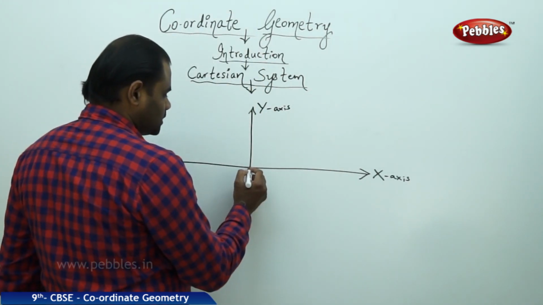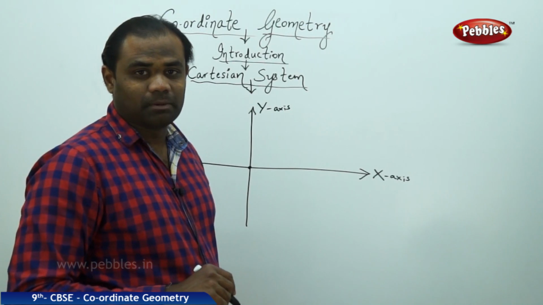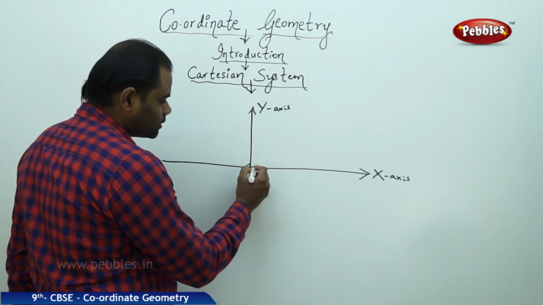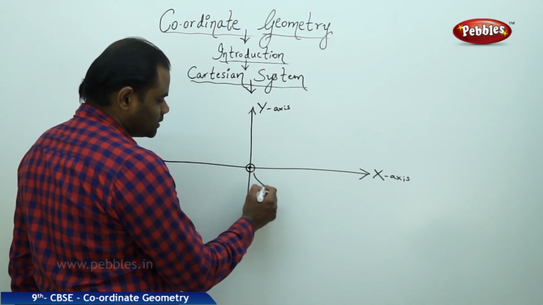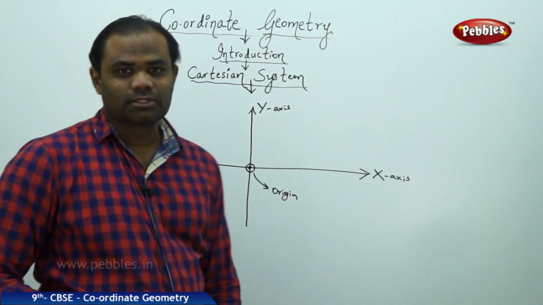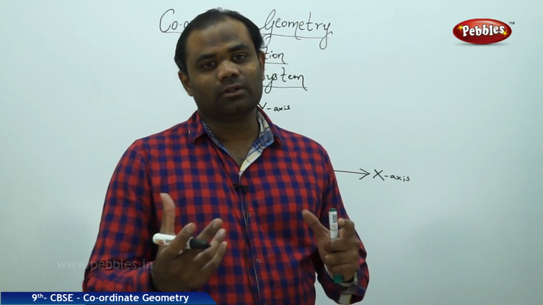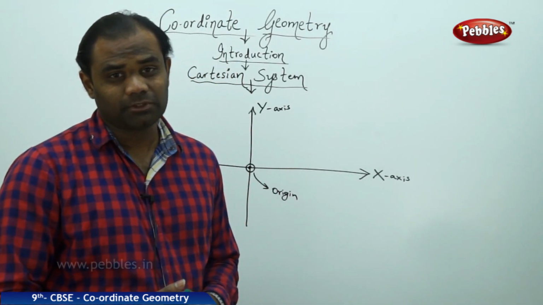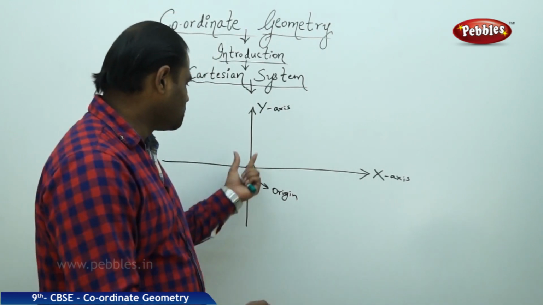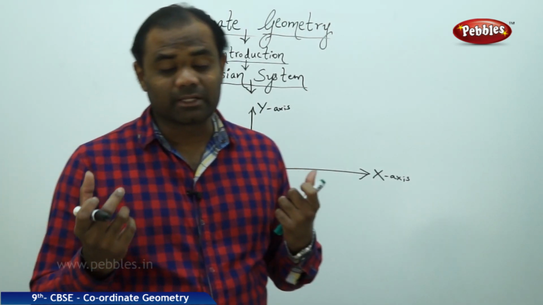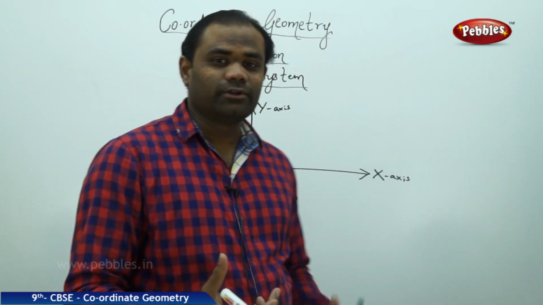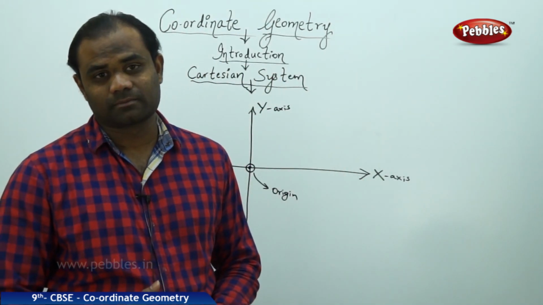They intersect at one point, and the two perpendicular lines intersecting at a point is referred to as the origin. It is called the origin because it is from where we take all the different situations, just like in the ship example problem, where the ship was assumed to be on a fixed base, that is the origin, from where we can identify the comparison of the origin with the rest of the points.